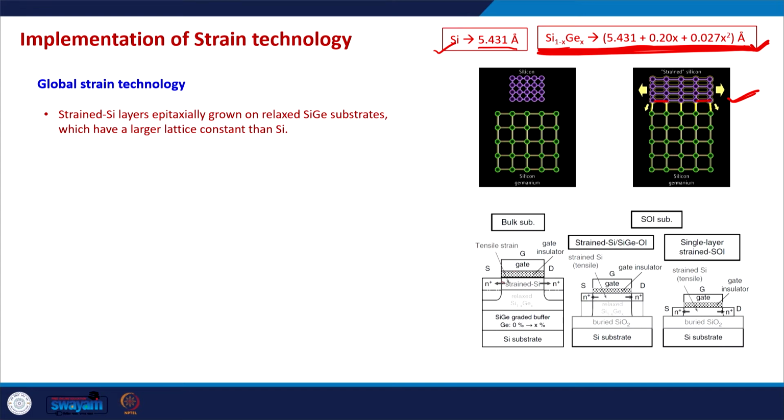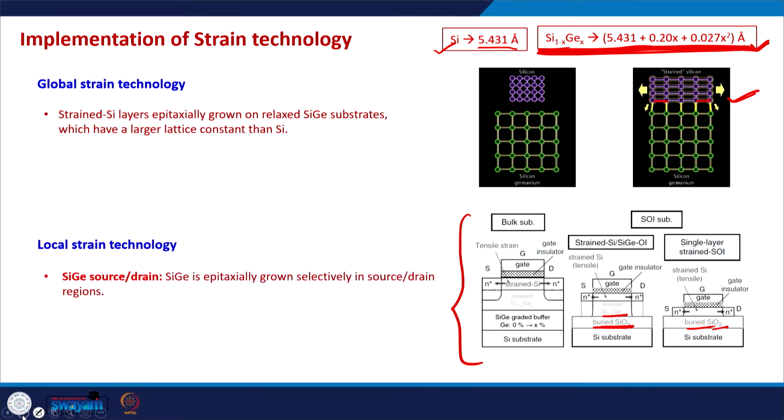So as you can see here in the bulk MOSFET, this channel silicon is grown on relaxed silicon germanium, and in SOI MOSFETs similarly we have a very thin layer of silicon that is grown on silicon germanium, and below that is buried oxide. That is known as the global strain technology.